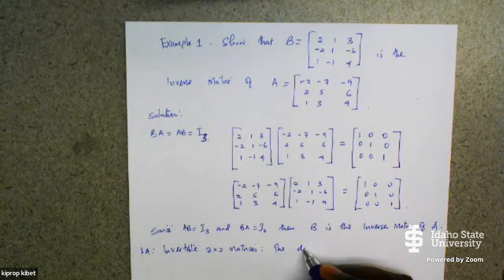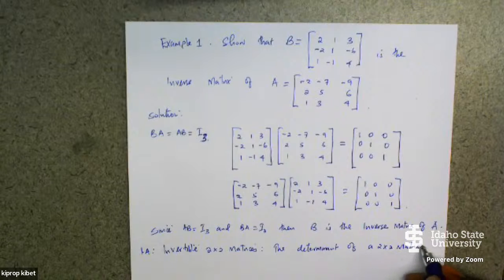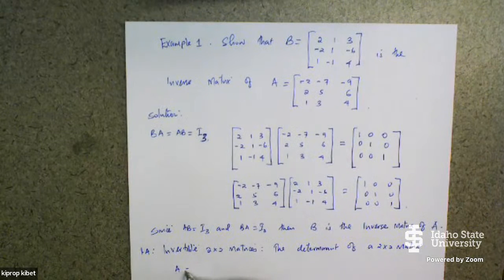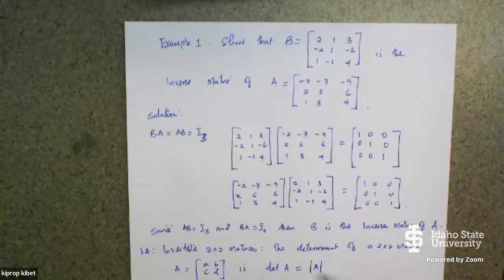The determinant of a 2 by 2 matrix A, which is A, B, C, and D, we write as the determinant of A, which we can also write with bars like that.